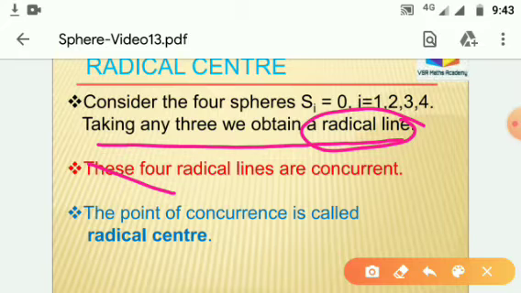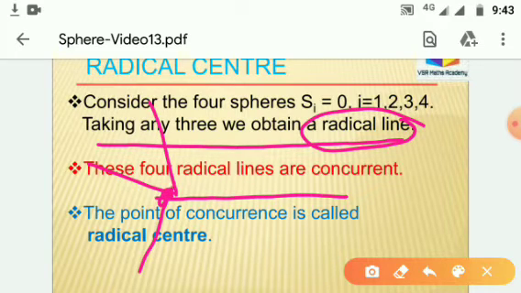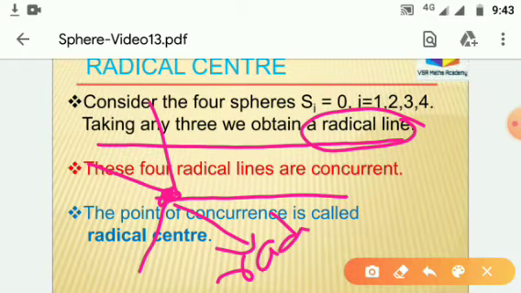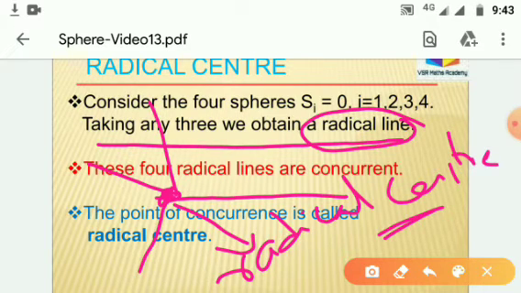Suppose this is the radical line of one triple, this is another radical line, and this is another, and this is another. All the four radical lines are concurrent at a particular point. This point of concurrence is called the radical center. To recap: the equation of the radical plane is S1 - S2 = 0. If you take three spheres, you will get three radical planes, and all these pass through a particular line called the radical line.